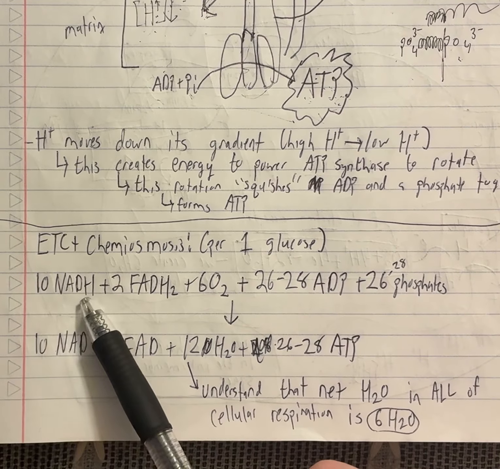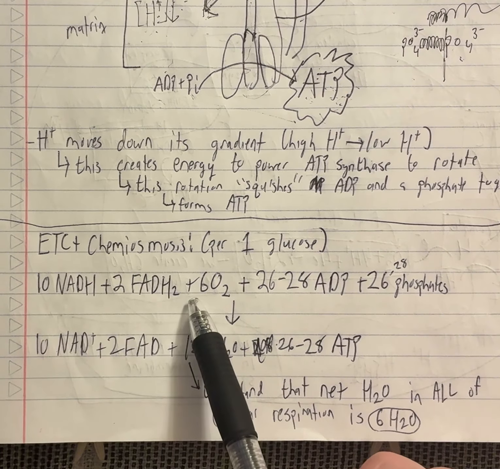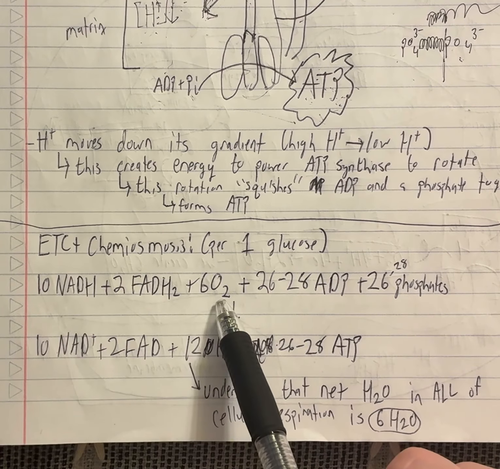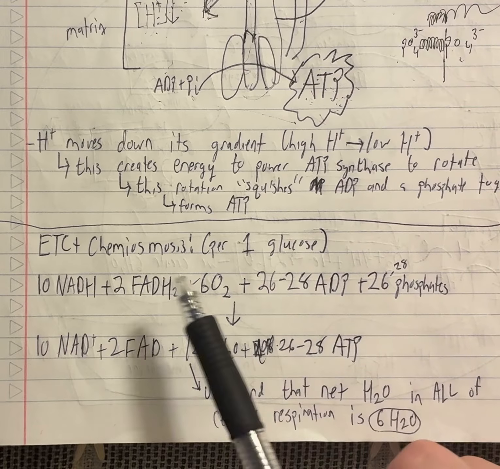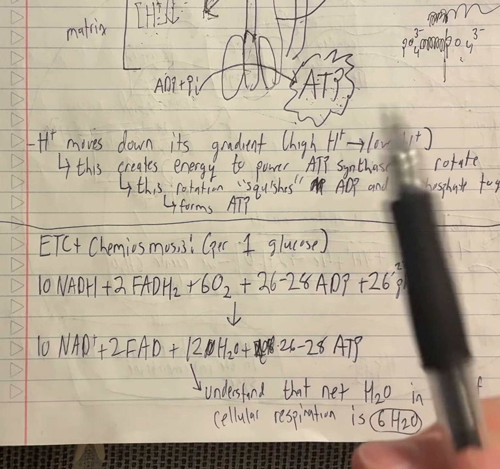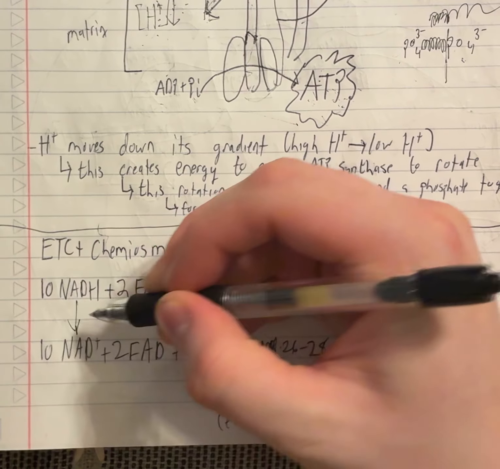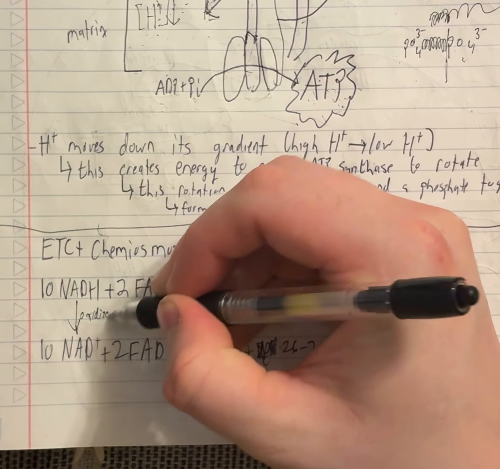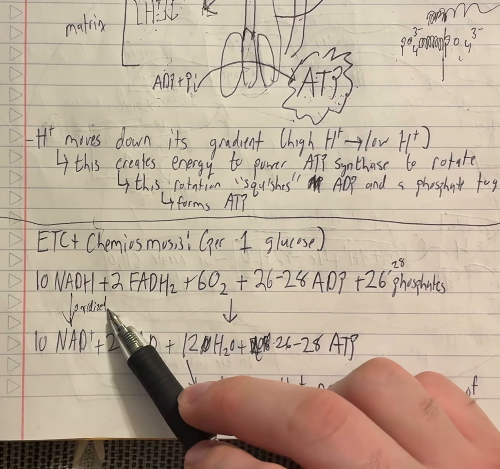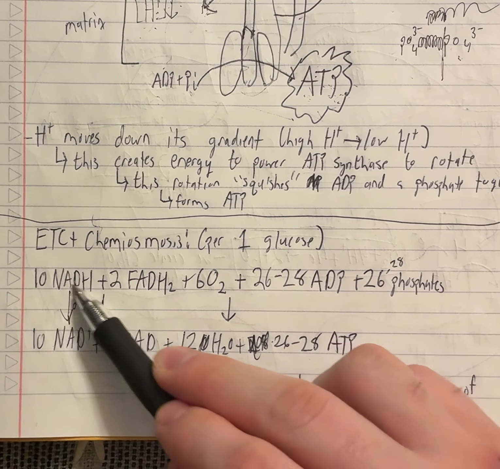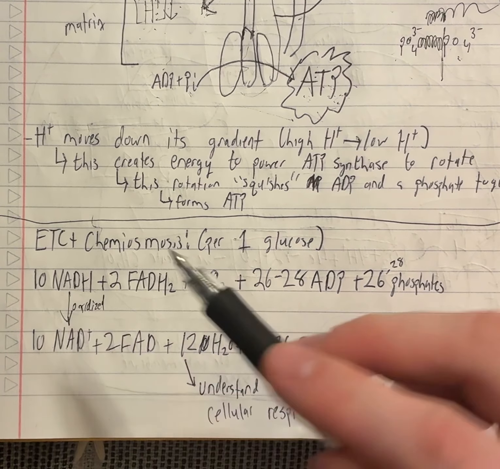We have 10 NADH, 2 FADH2, 6 oxygen, so 6 O2, plus we have our ADP and phosphates. And that NADH is going to get oxidized this time into NAD+. Remember, because oxidation is the loss of electrons, and we used those electrons to power the electron transport chain.